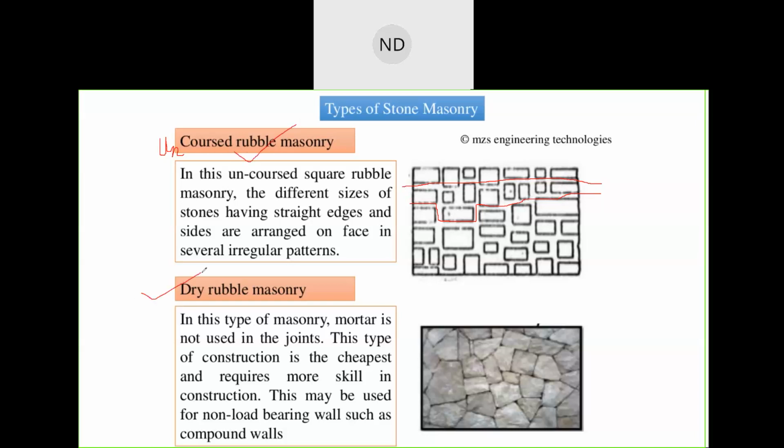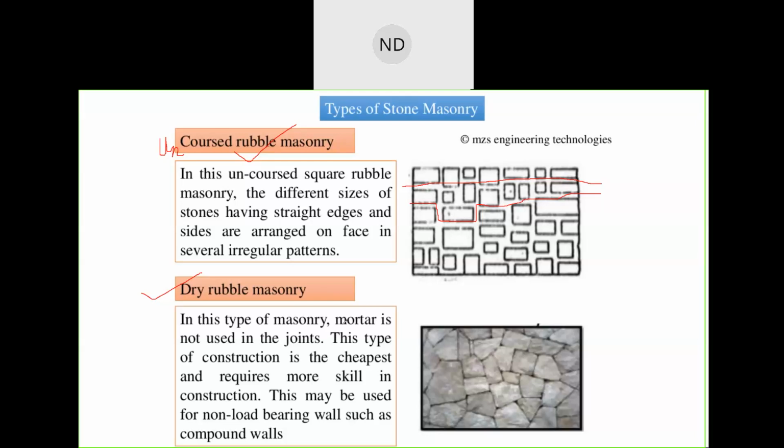Another one was dry rubble masonry. In this masonry, mortar is not used in the joints to join these stones. These stones have irregular shapes. You see, they are not square. In dry rubble masonry, we use different shaped stones, and they do not require any mortar.